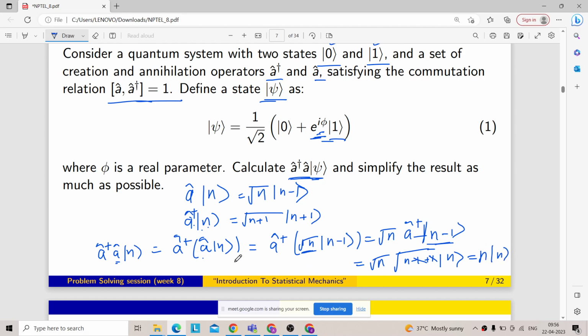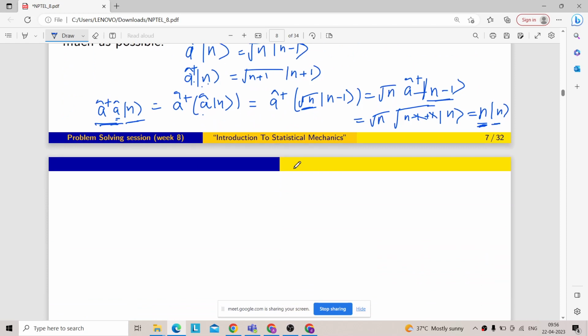So you see this operator a dagger a, when acting on n, is giving the number of particles in that state. It is simply spitting out the number of particles in that state. And you see this state is also not changing. Then what is this system called?